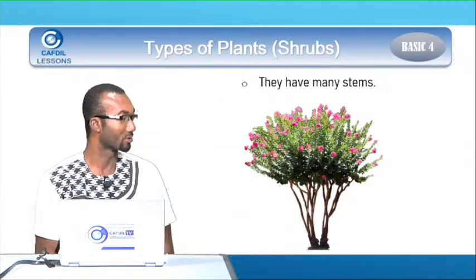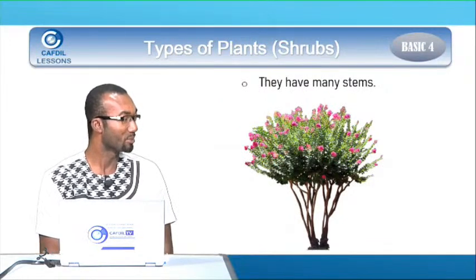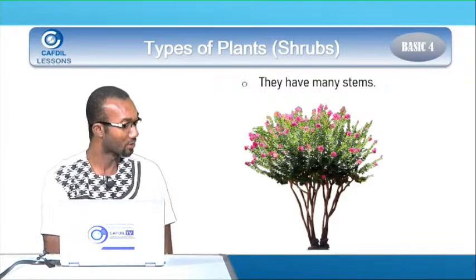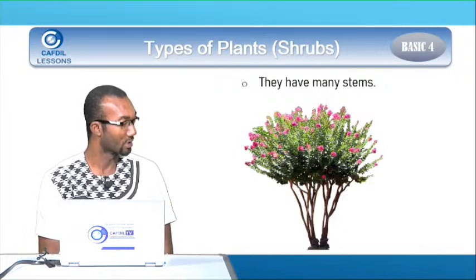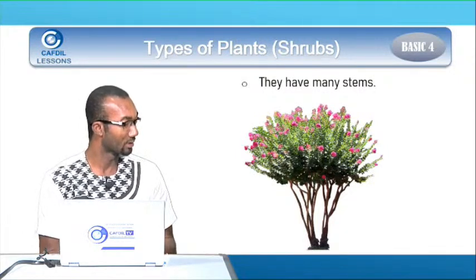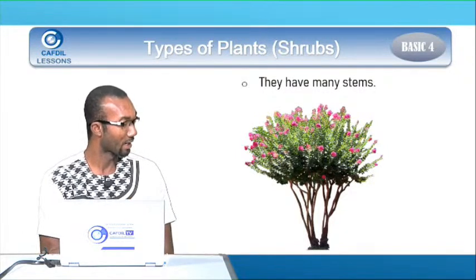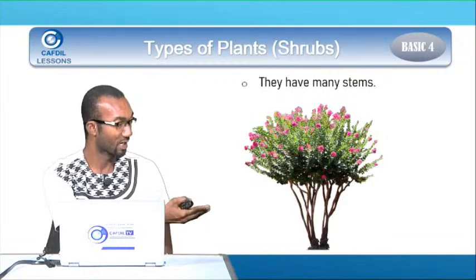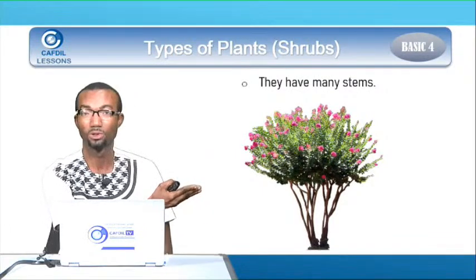Another point about shrubs is that they have many stems. So if you look at the shrub on the screen, you can see that this plant has a lot of stems. You can even count them from the ground to the leaves.